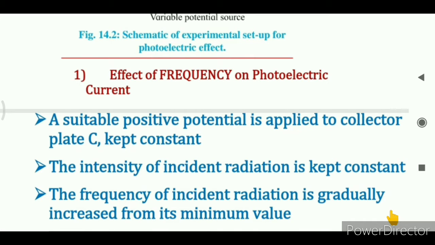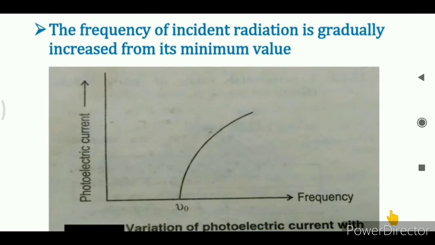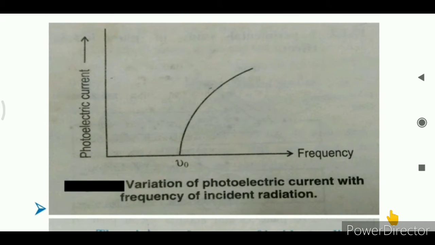Now it is observed that no photoelectric current is recorded until a certain frequency nu 0 is reached. As you can see in this graph, to observe the variation in the photoelectric current, we take the photoelectric current on the y-axis, and the change in frequency on the x-axis.